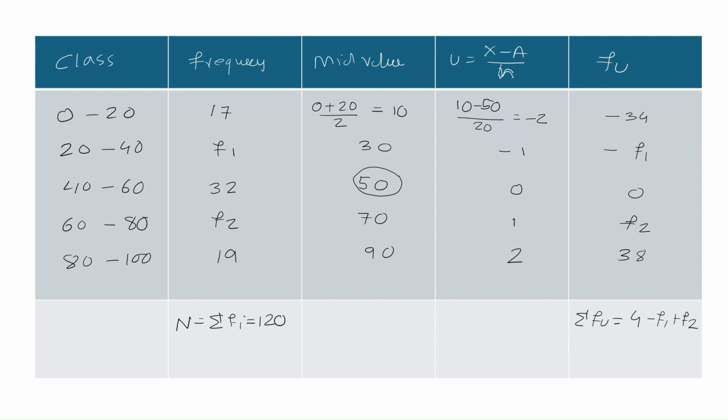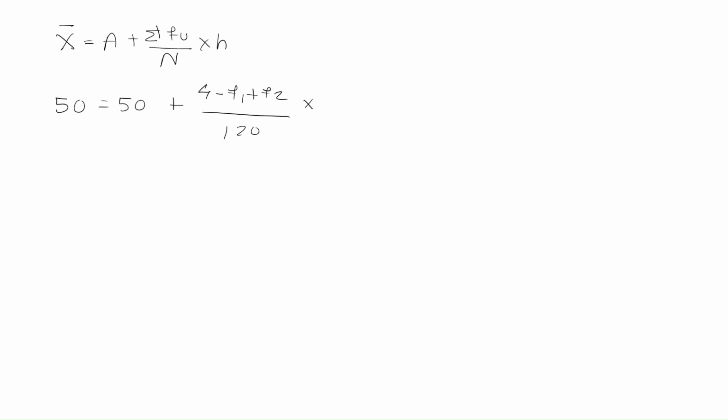We'll put this data into the formula of the mean. The formula was x bar equals A plus summation of Fu by N into H, where the mean is given as 50, A we know is 50, the summation of Fu we got through the table is 4 minus F1 plus F2, N we know is 120, and the width is 20.